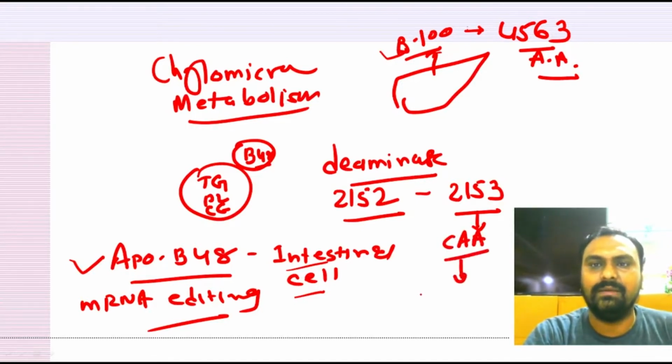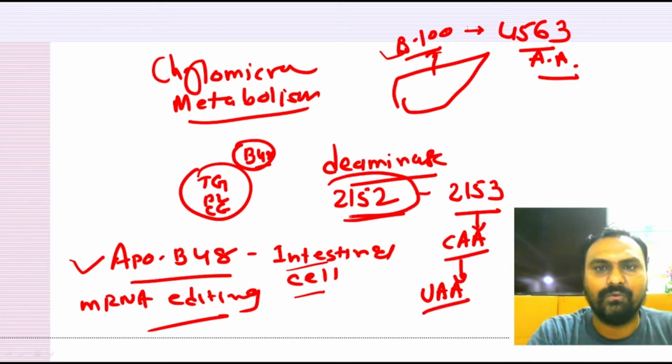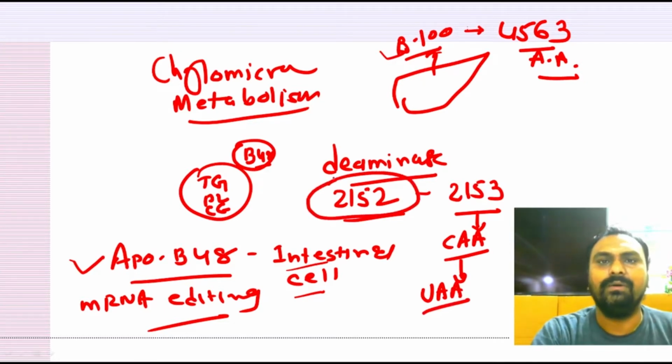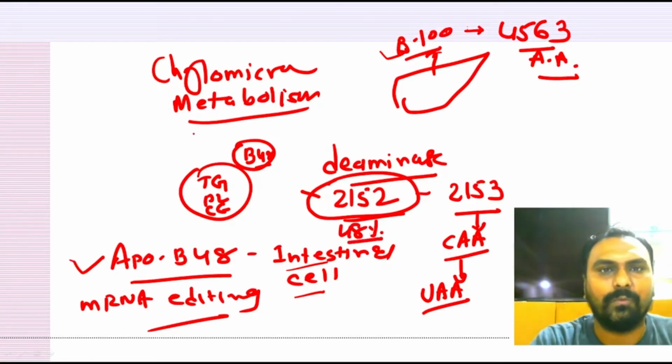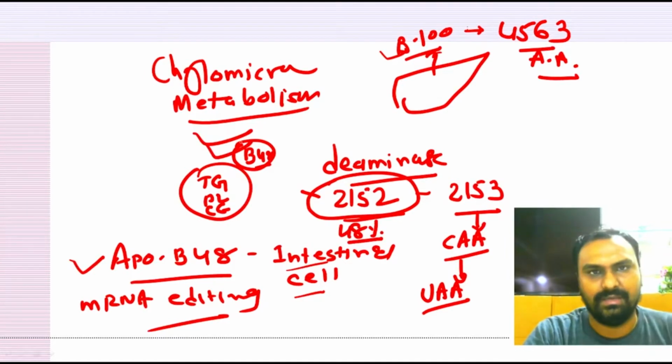But the intestinal deaminase enzyme will convert CAA to UAA, which is a stop codon. So in the intestine, up to 2152 amino acids are formed, and it is 48% of 4563. That's why this apoprotein is called ApoB48.